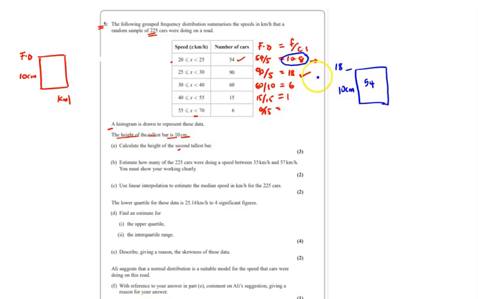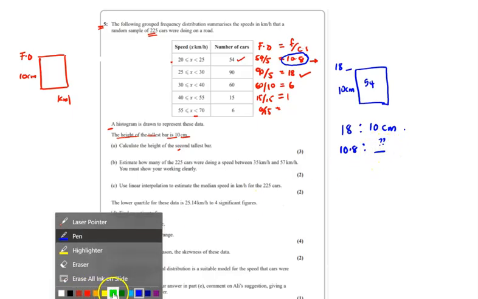So we write it in ratios, which are easier to use. A frequency density of 18 is represented by 10 centimeters. How much would the second tallest, with a frequency density of 10.8, be represented with?